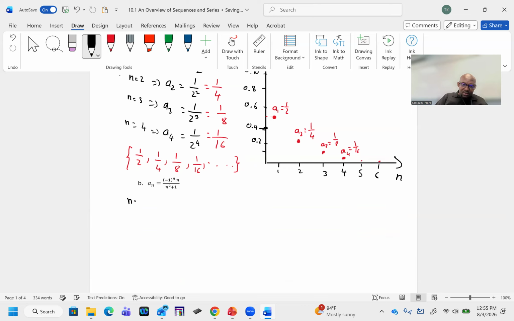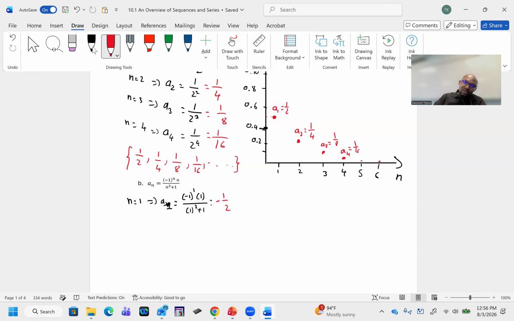If n is equal to 1, then A sub 1 will be -1 to the power of 1 times 1 divided by 1 squared plus 1, which is -1 divided by 2, which is -1/2, right? That is -1/2.